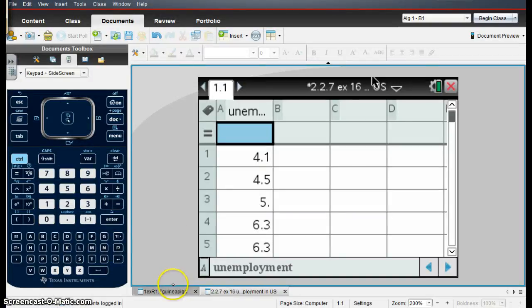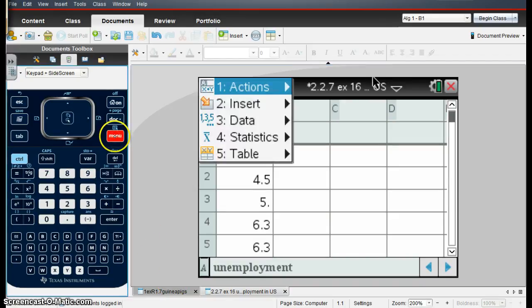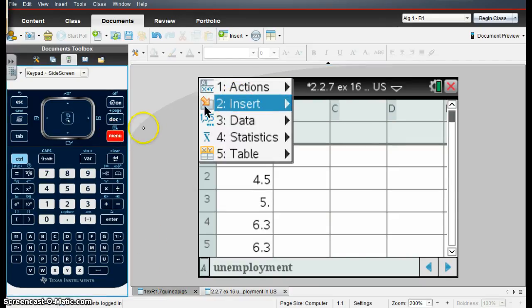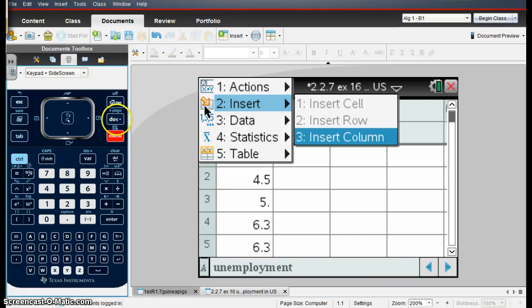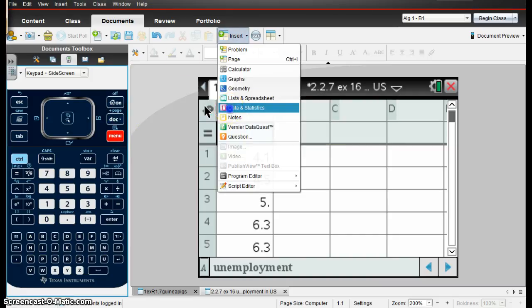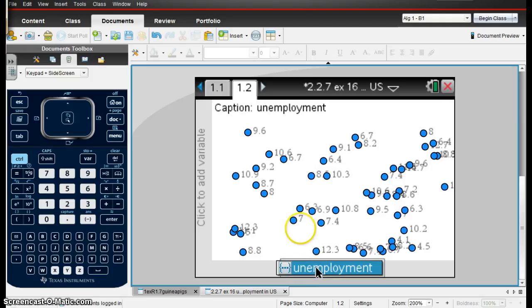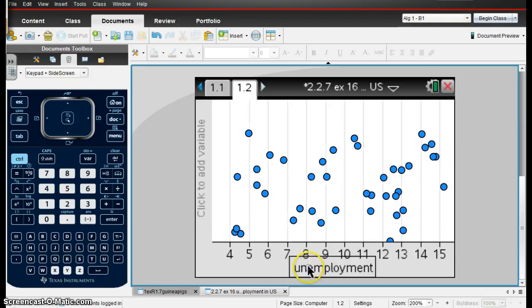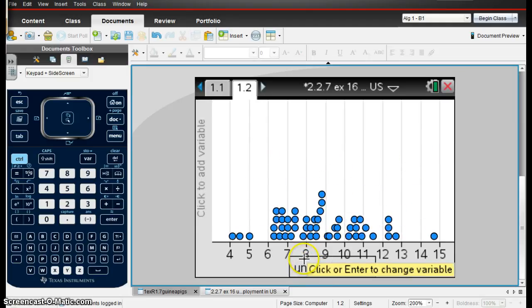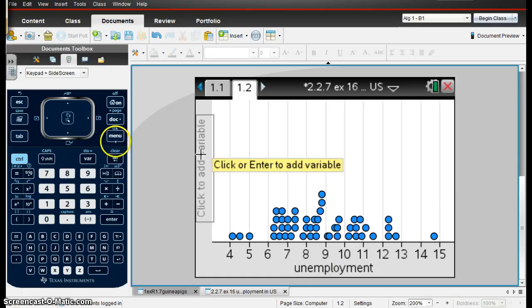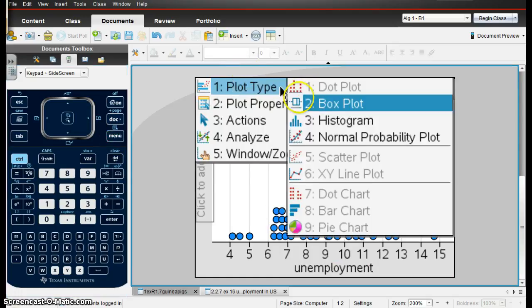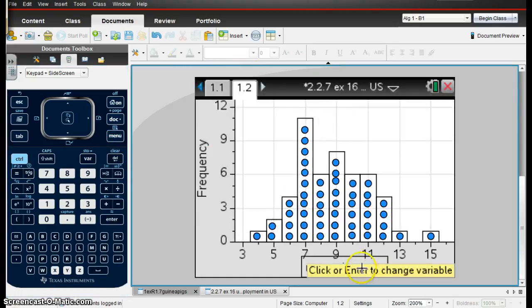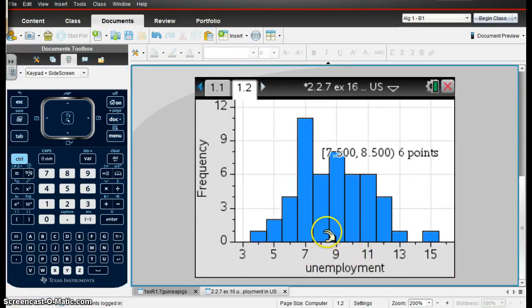And here we have our data set. I'm going to generate a data and statistics page and make a histogram. So we go to our dot plot, then plot type histogram, and you can see a lovely histogram.